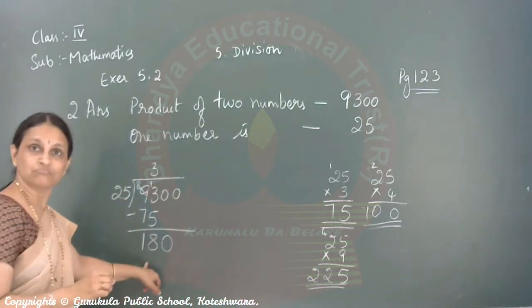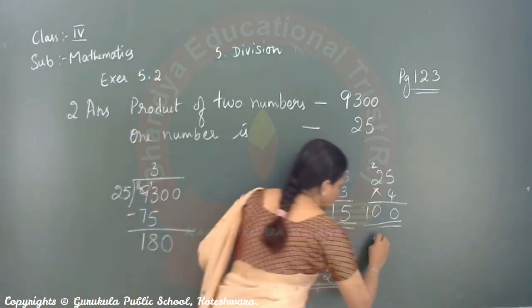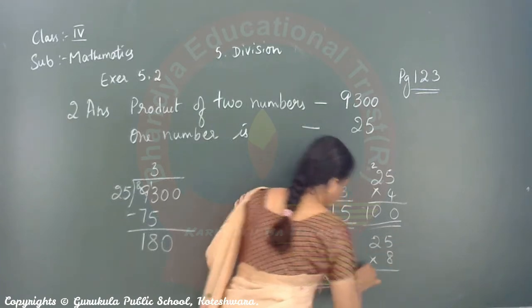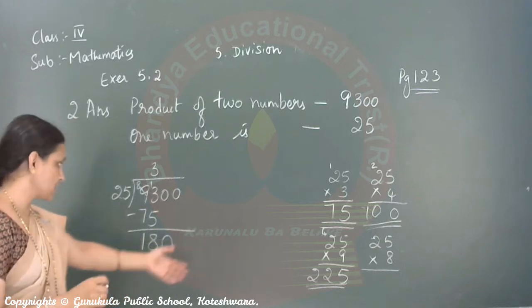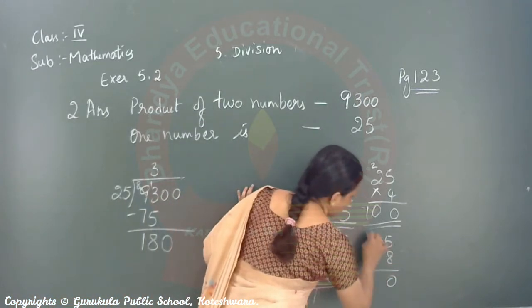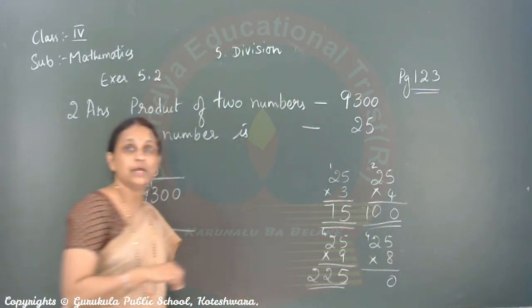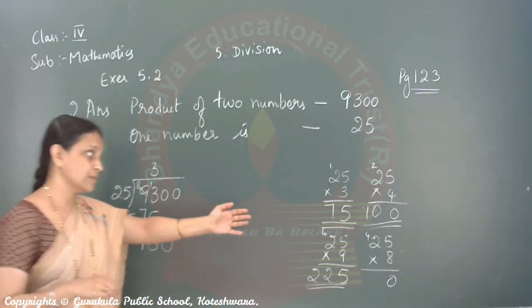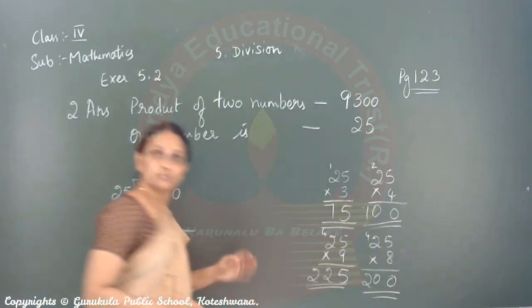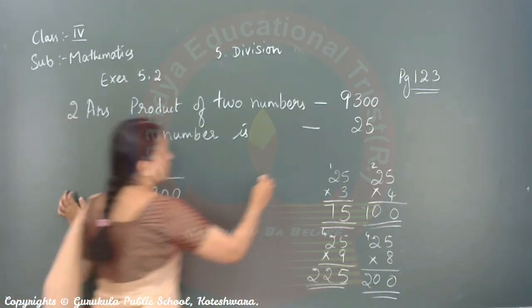Can you? No. So, 25 into 8. Can you? Let us try. 8 5s are 40. 0, 4 carry. 8 2s are 16 plus 4, 20. Can you? Can't.